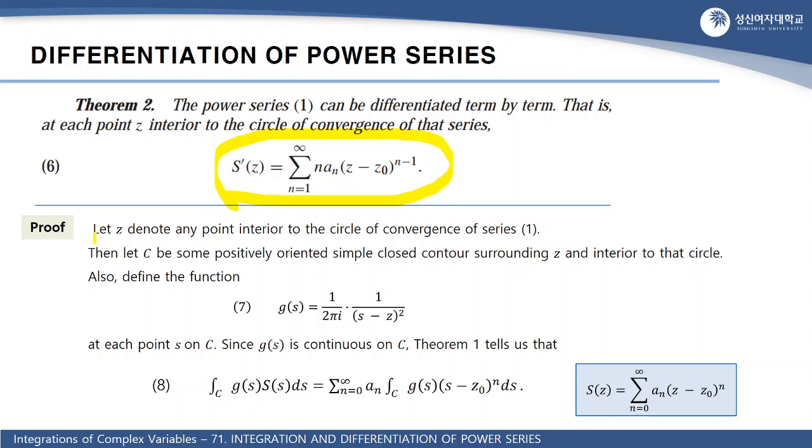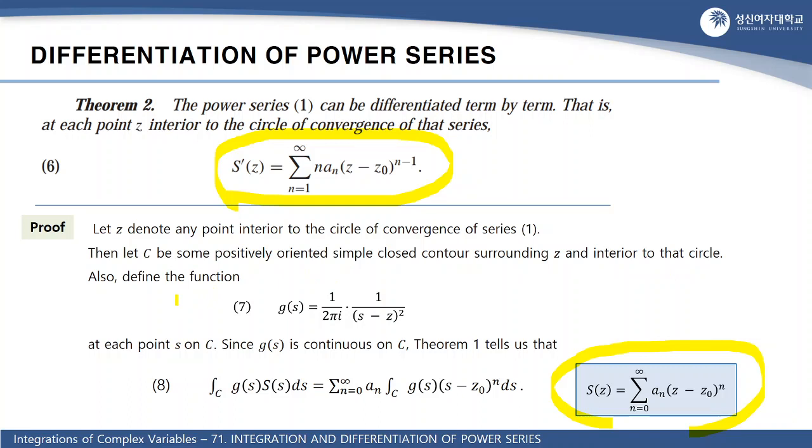Okay, let's prove this theorem. Let z denote any point interior to the circle of convergence of series 1. Then let C be some positively oriented simple closed contour surrounding z and interior to that circle.